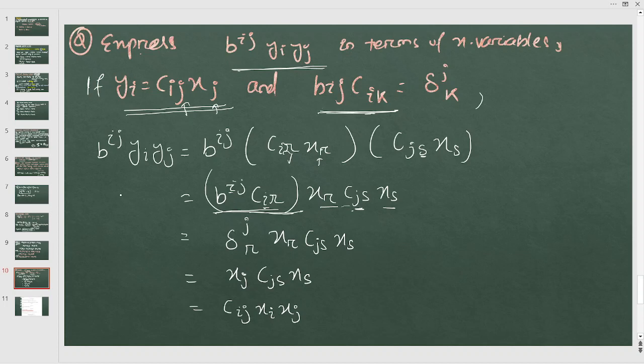In place of delta jr xr you can write xj. I have minimized this to xj, and cjs xs as it is. So I can write it as cij, taking it first, and xi and xj. See, in place of s I have used j here because s is a dummy index, so in case of a dummy index I have used another dummy index, that is j. So this one is the final answer. This is in the form of x variables.